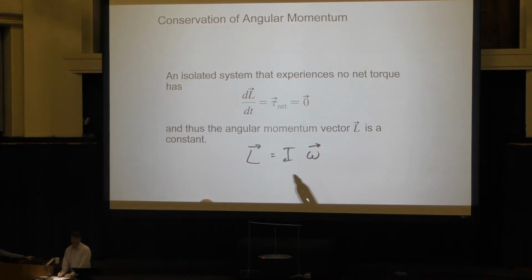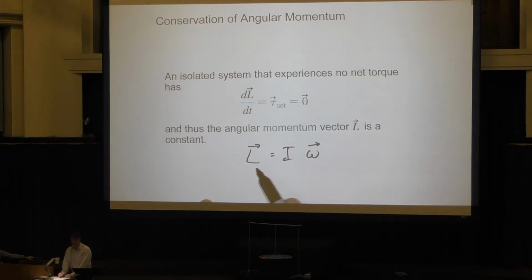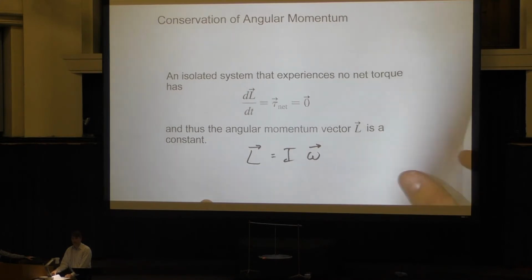Normally you would think of I as a constant. It was mr squared for a particle, and for a solid disk, it was 1/2 mr squared. But if you have an object which is deformable, like a figure skater, or me, then I can actually change. And if L is constant, you have to adjust omega to compensate.